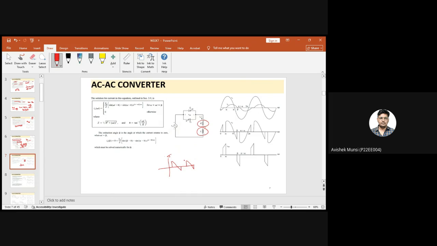It conducts a little bit for the negative half cycle. So similarly here, we will have the positive half cycle like that, and we will also have the negative half cycle since it is an AC controller. Okay. So for RL load, this will be the output waveform, for current.